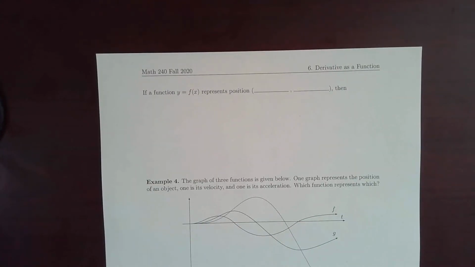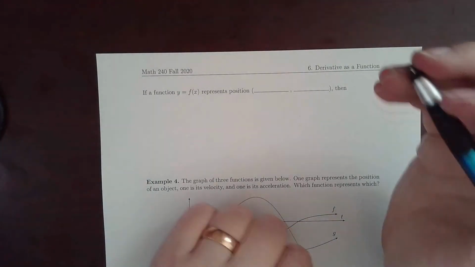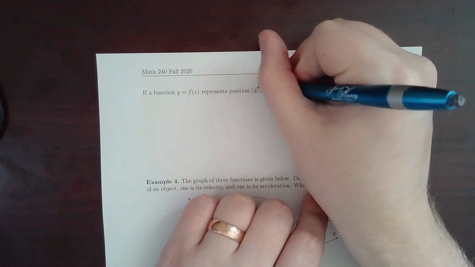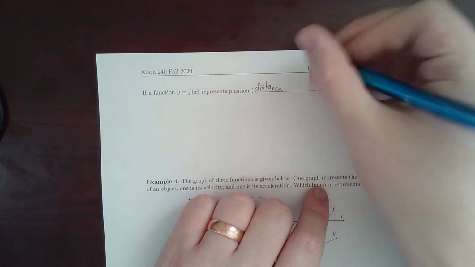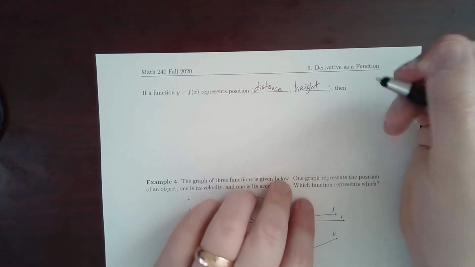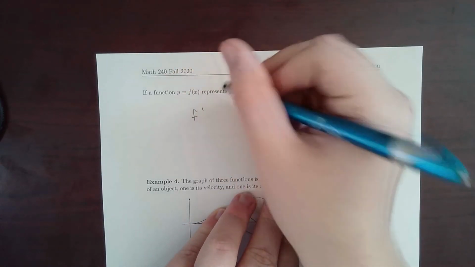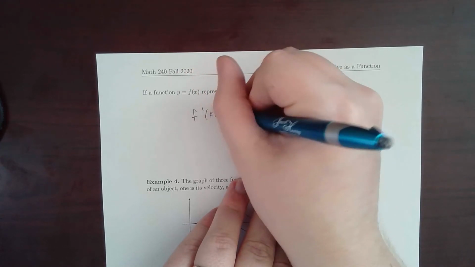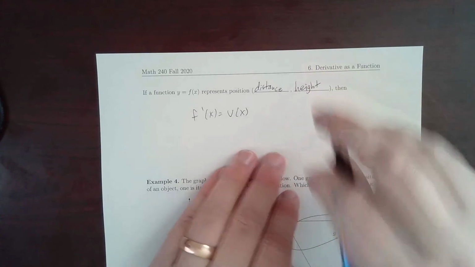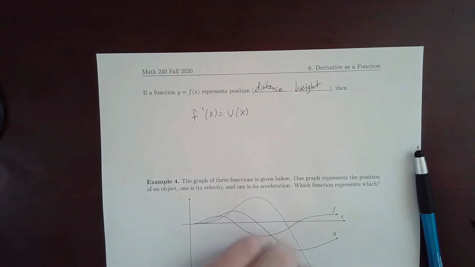Now when we're talking about the derivative from a standpoint of distance and height, so if it's representing some sort of position, which will typically happen more in physics problems, then the first derivative will be called v of x, and this is the velocity.